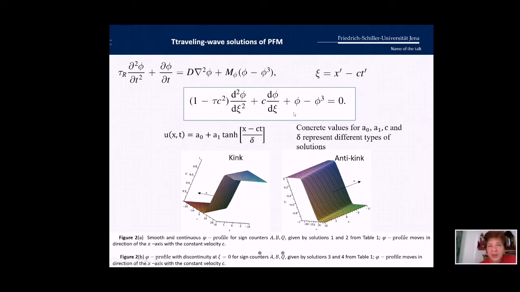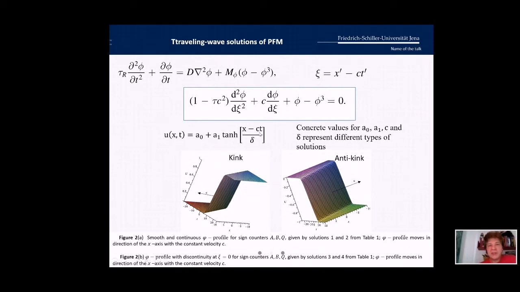We obtain this equation, and it has a solution for u, dimensionless phi, which is proportional to a hyperbolic tangent. In the moving reference frame, we have x minus ct.